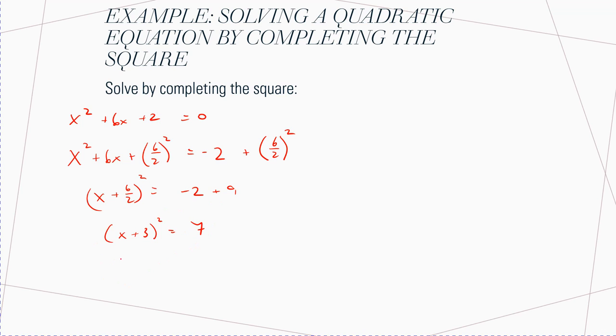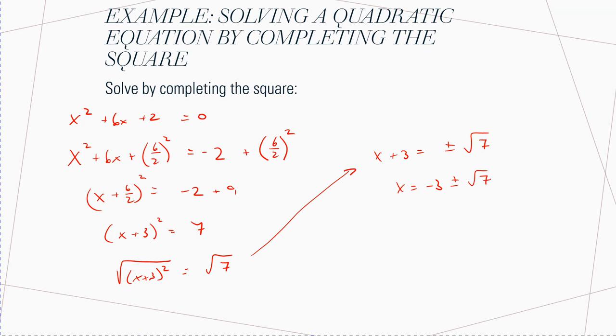So I'm going to take the square root of both sides to solve. So this just becomes x plus 3 is equal to plus or minus the square root of 7. And then I'm just going to subtract the 3 over. So x is equal to minus 3 plus or minus the square root of 7.